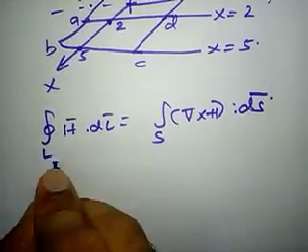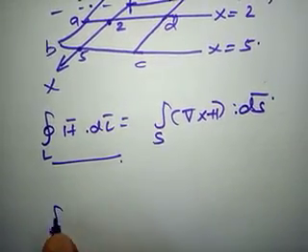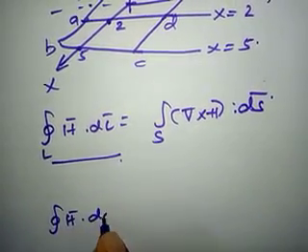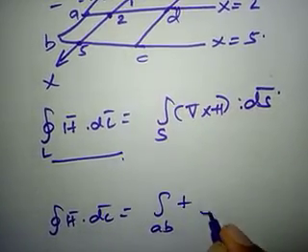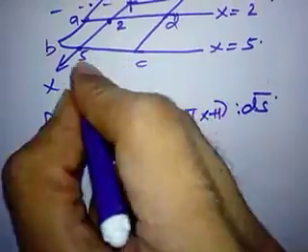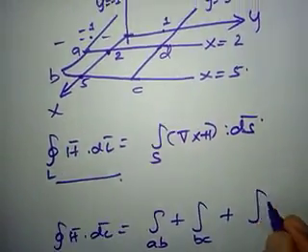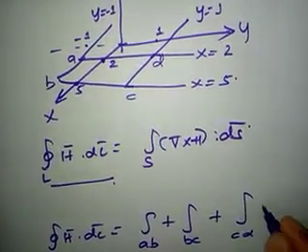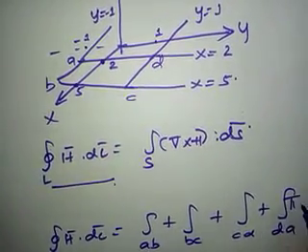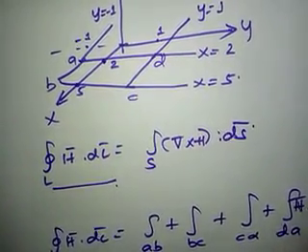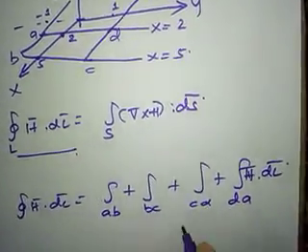So if you want to evaluate the left hand side, I can write closed integral of h bar dot dl bar as the integral a to b plus b to c plus c to d plus d to a of h bar dot dl bar.